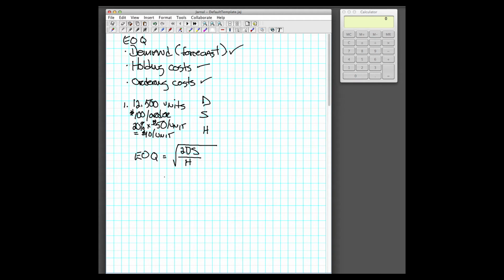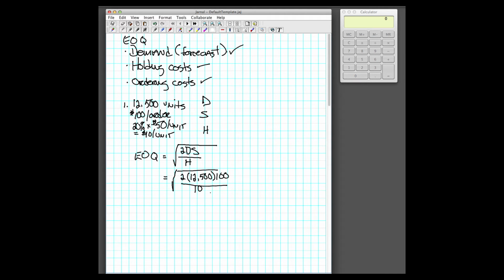And in our problem, we literally are just doing algebra, because we're just going to drop in these factors, where we have 2 times annual demand of 12,500 times our ordering costs of 100, and we're going to divide that by holding costs per unit, which we've determined is 10.